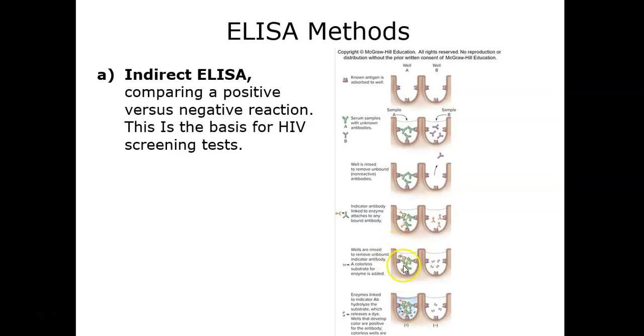And the enzyme only creates the reaction if this complex is formed, the antigen and antibody have come together. And basically what's going to happen is it's going to turn this colorless liquid in the well to a purple color. And that's going to tell us that there is the presence of an antibody to that infectious agent in the person's serum.